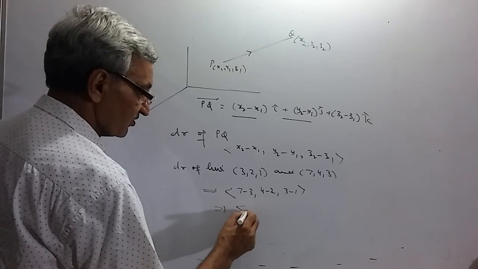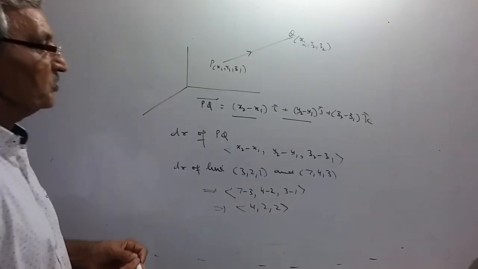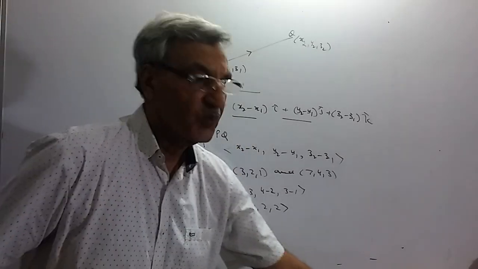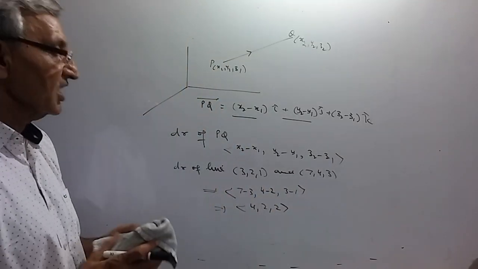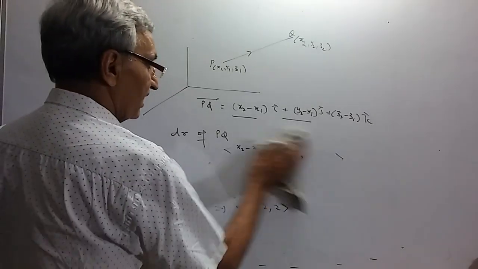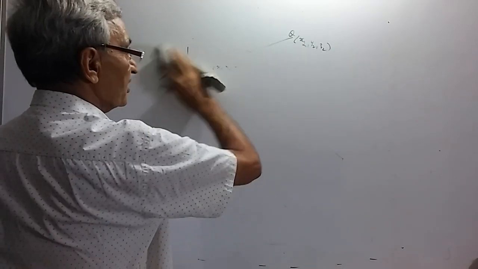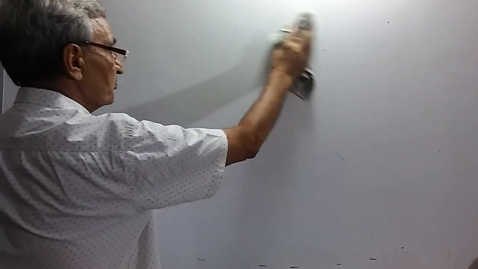The answer is 4, 2 and 2. So we learned how, when 2 points are given to us, to find the direction ratios and how we can find the direction cosines of the line. This is the direction ratio of the line joining 2 points.